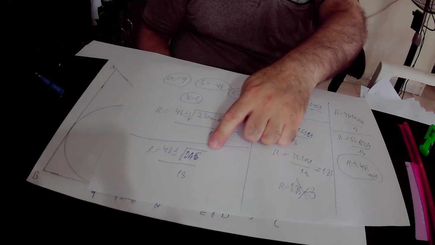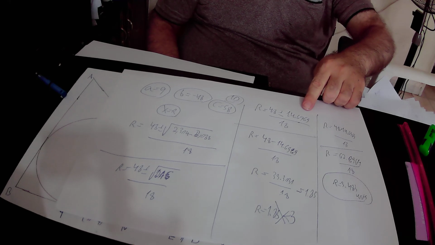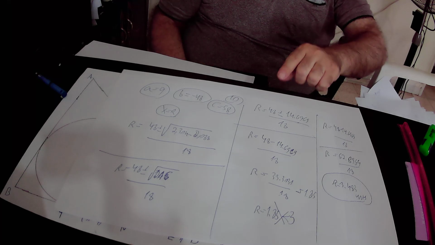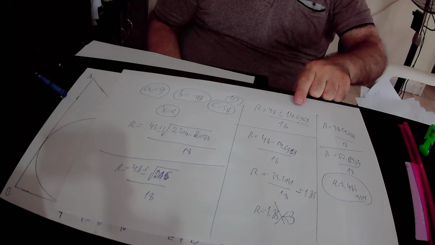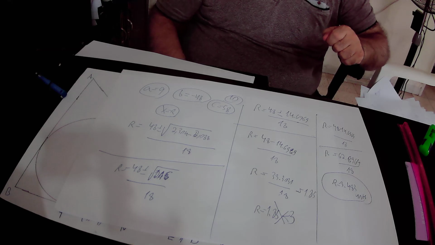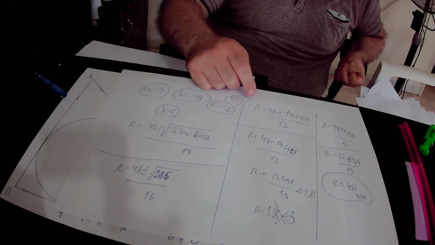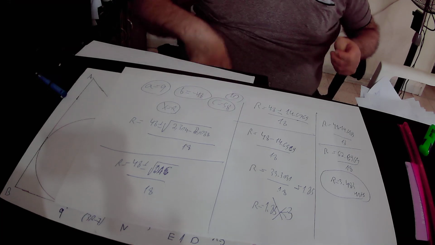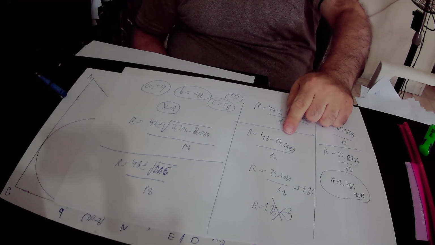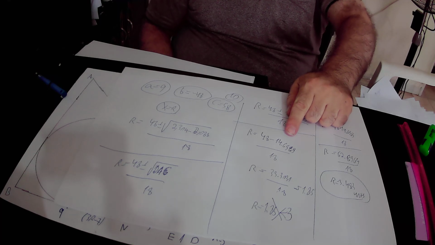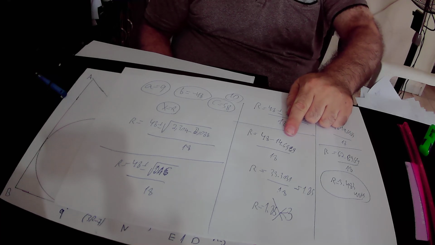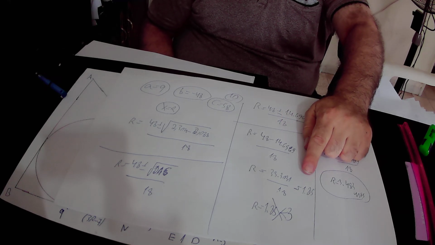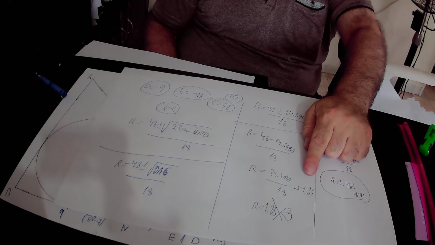The square root of 216 is 14.6969. So in conclusion, we have two solutions for R: R equals 48 plus or minus 14.6969, over 18. The first solution is R equals 48 minus 14.6969 over 18. 48 minus 14.6969 is 33.3031, and if we divide it by 18, we get 1.85.